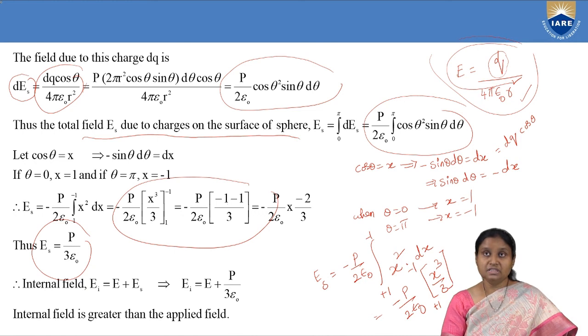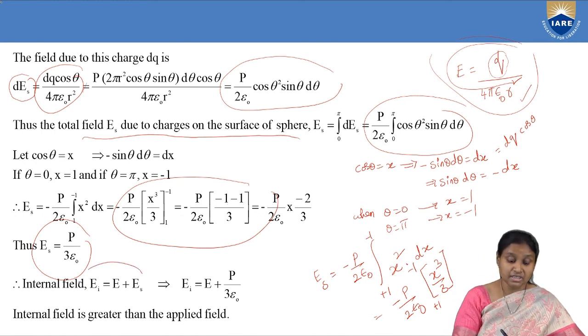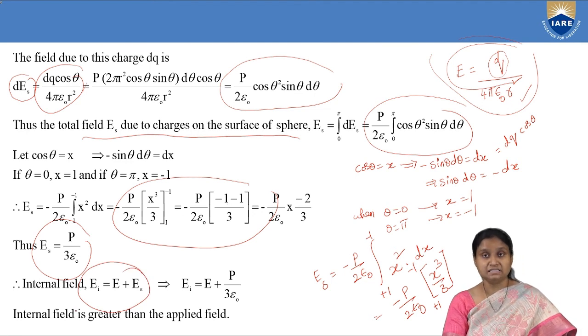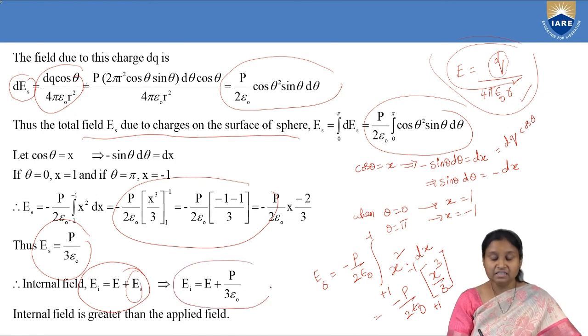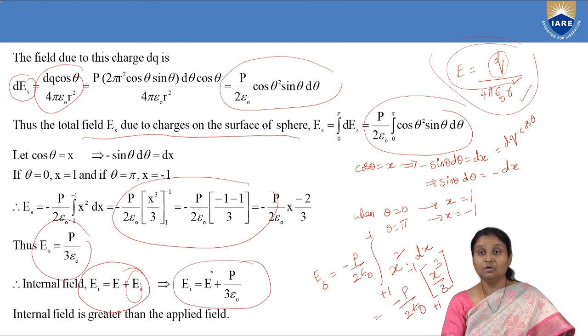And already we have seen the expression for the external electric field. The external electric field is given as E plus ES. So if we substitute P by 3 epsilon naught in place of ES, this is the final expression for the internal field or local field. So what is our internal field?